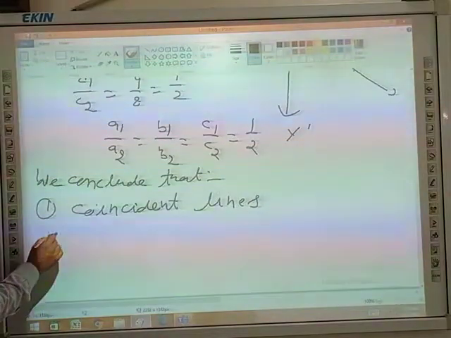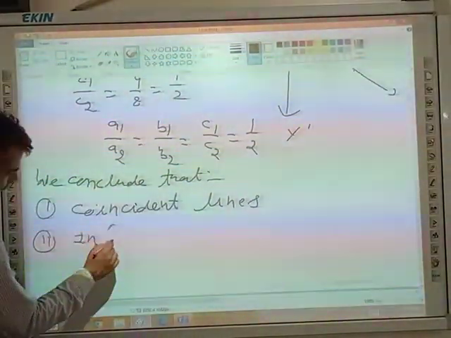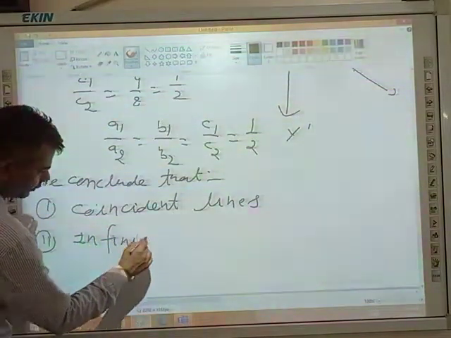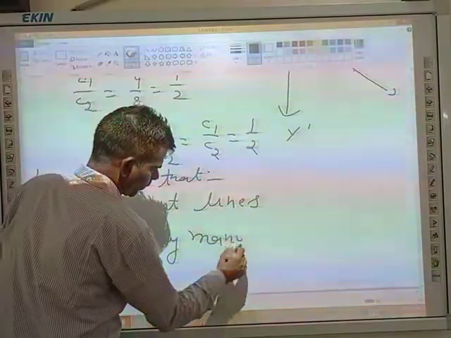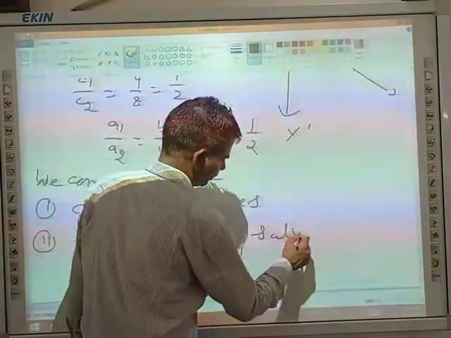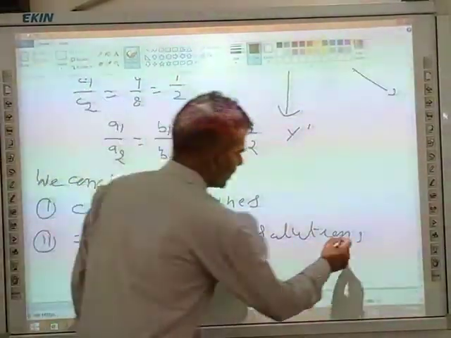Student, second one will be infinitely many solutions. It has infinitely many solutions. And students, it will be consistent.